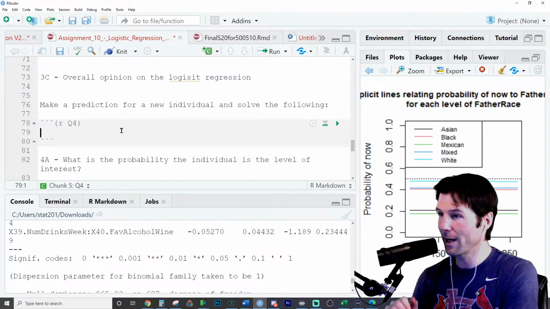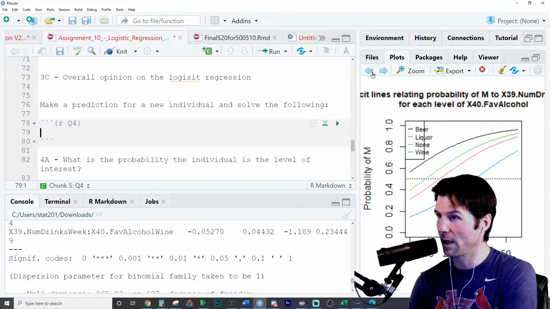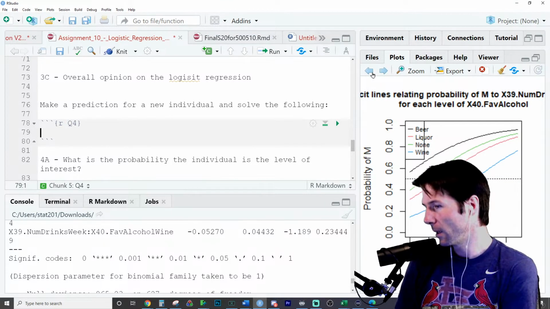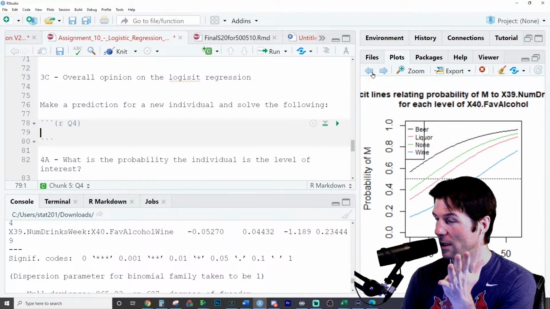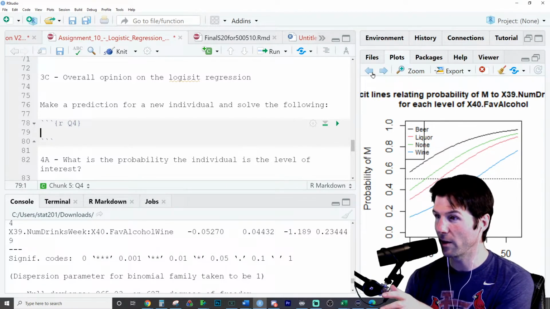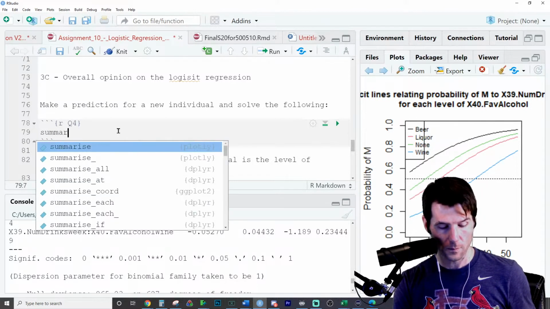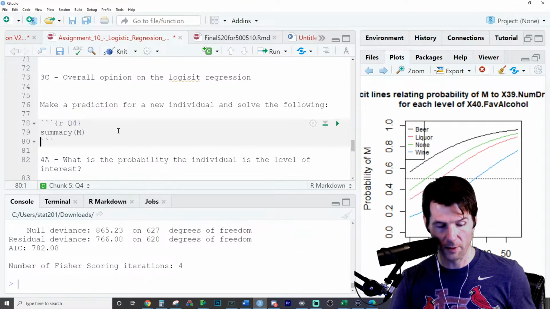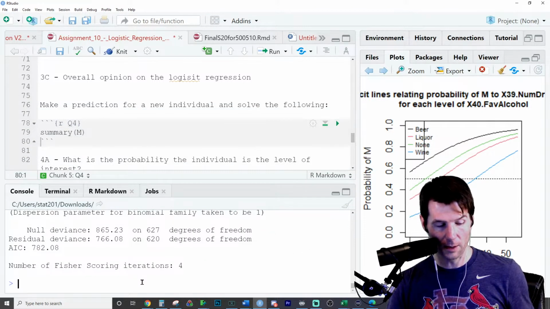So I'm going to switch back over to our previous model with the number of drinks per week and stuff. And let's take a look at this model right here. Now, whenever you're looking at your model, you want to see if your probabilities are coming out correctly. I'm going to solve for my own model right here and figure out the probability of me being male. And I've got a different model in, so let me go grab my model and switch it up.